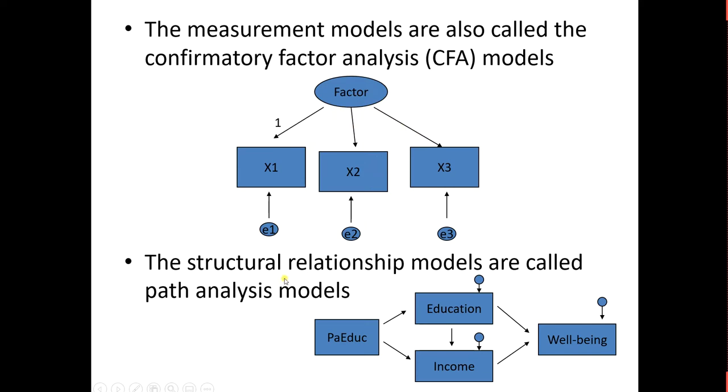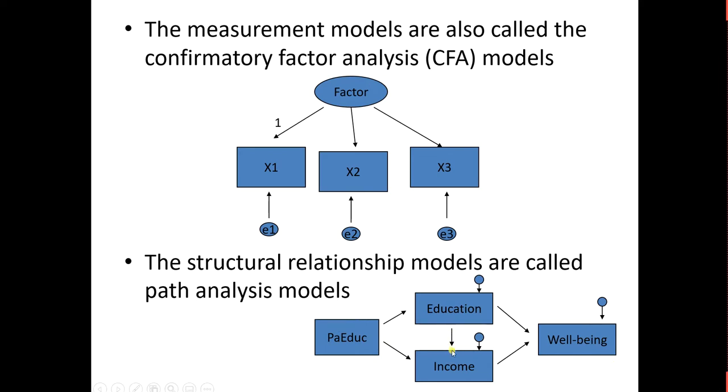Similarly, structural relationship models are also called path analysis models, and I have used some variables, so this model is showing how well-being is determined by education, income, and this variable. So this variable is causing variation in level of education and income.